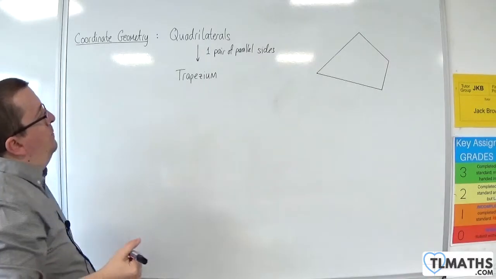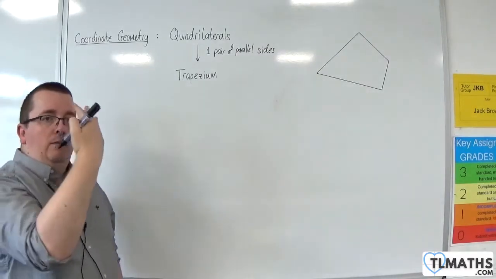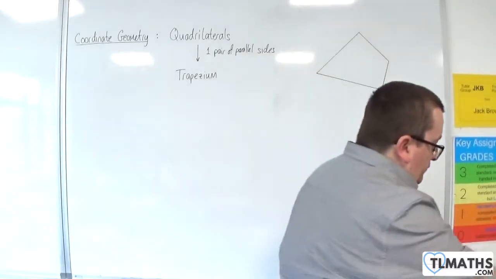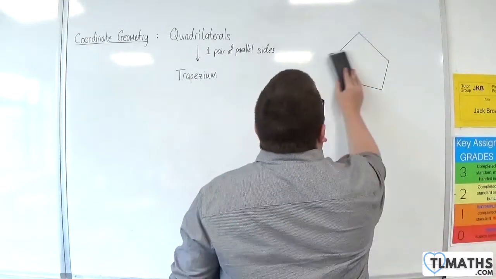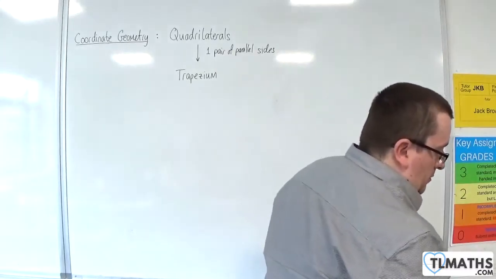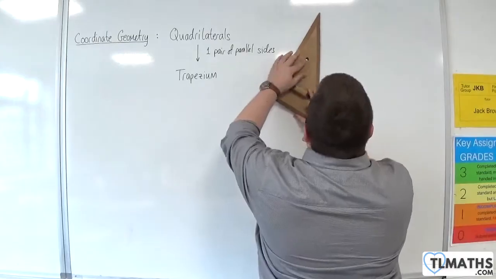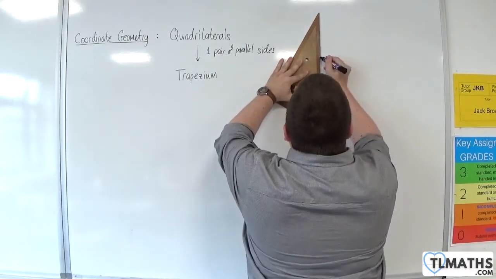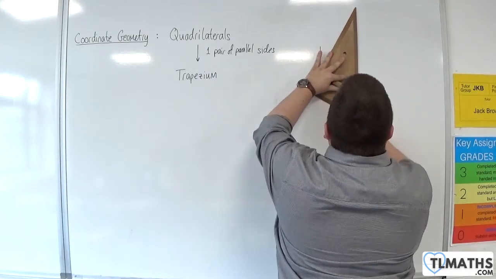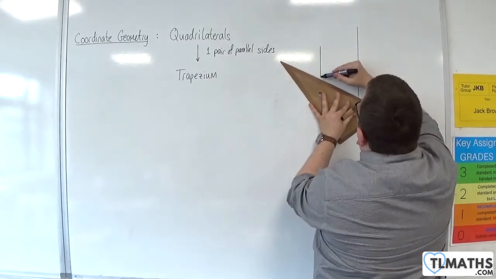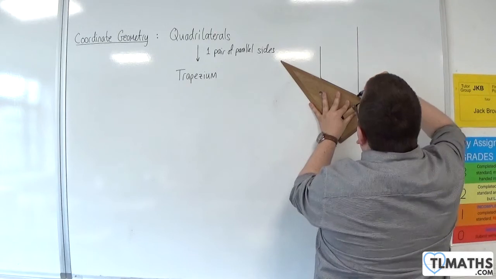Okay, so trapezium, of course, is a special type of quadrilateral. But the thing about trapeziums is that they can look quite different from one another. So here is an example of a trapezium.